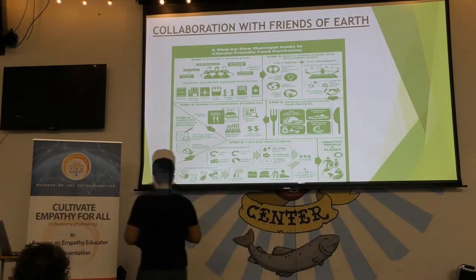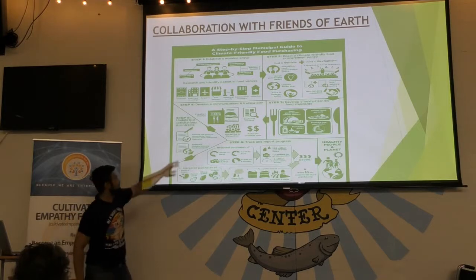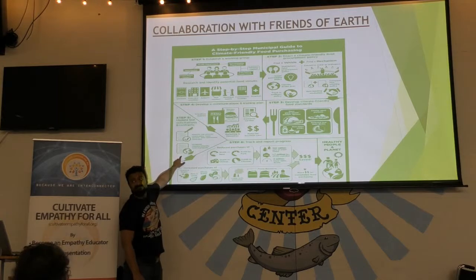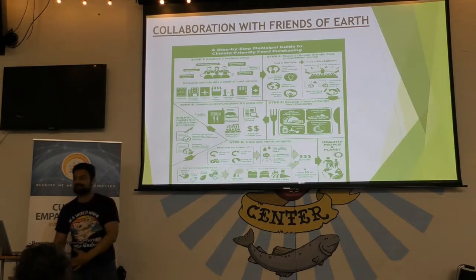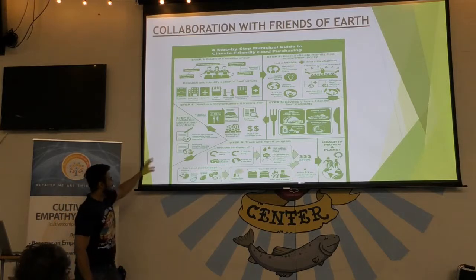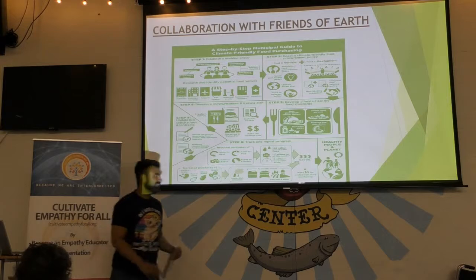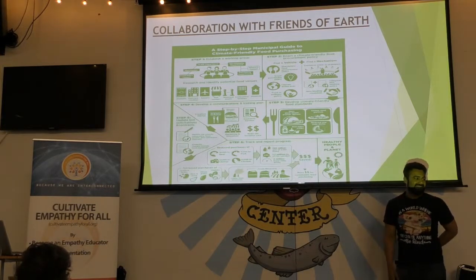And once these policies are passed, they can train their staff who are updating the contracts with the vendors, increasing plant-based food and reducing meat and dairy. At the end, they can track and report their progress to finally reduce the impact on the environment and sustainability.